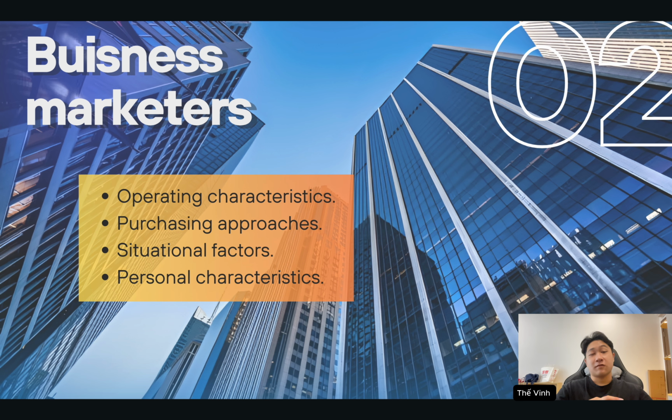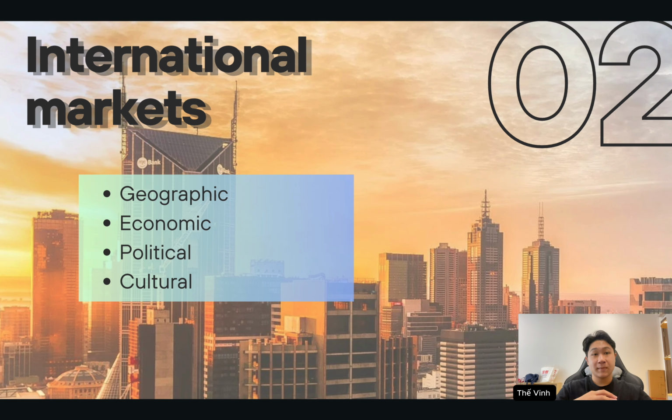For international markets, segmentation can be based on geographic, economic, political, and cultural factors, a method known as intermarket or cross-market segmentation.